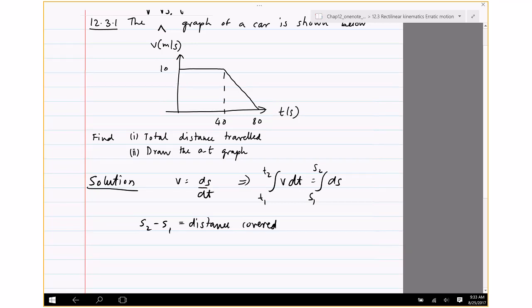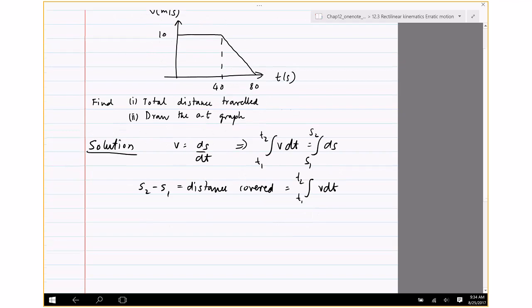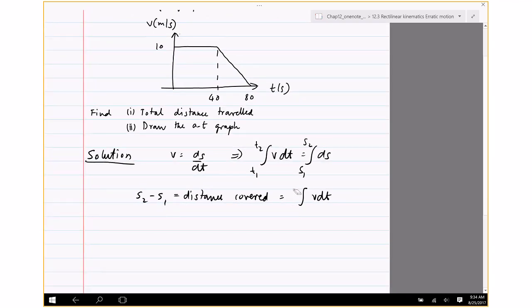I do not need to know s1 and s2, I just need to find the distance covered from 0 all the way to 80 seconds. I need to find the area under the curve from t1 to t2. So in this case, I'm interested in going all the way from 0 to 80, right? So as you can see, that's the area under the curve.